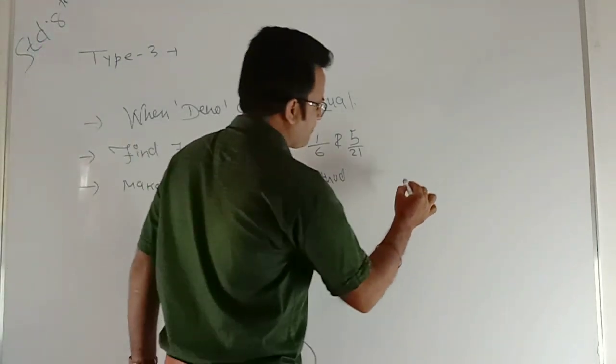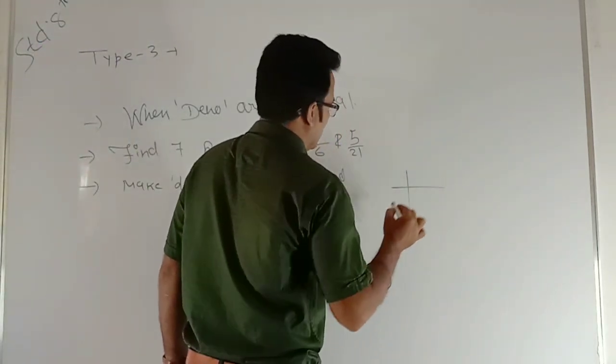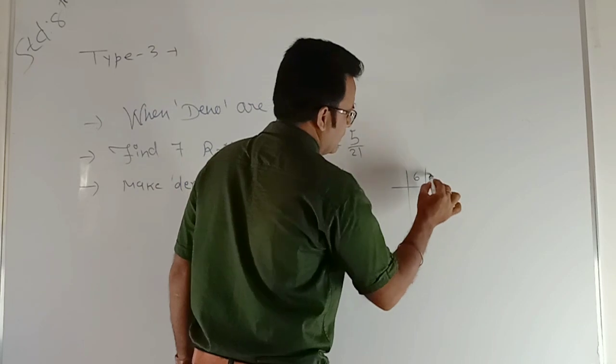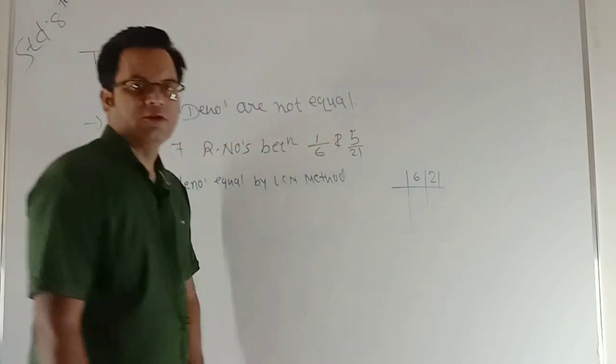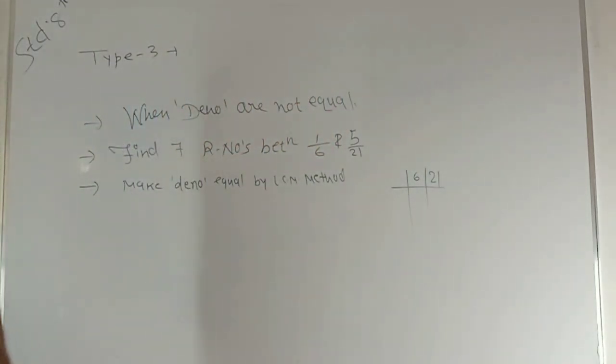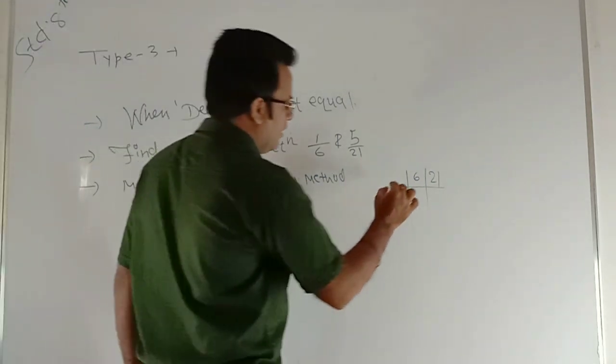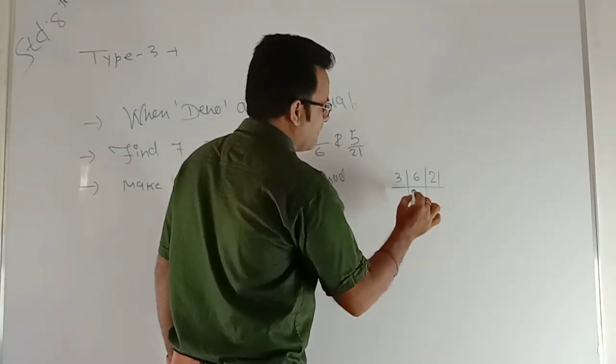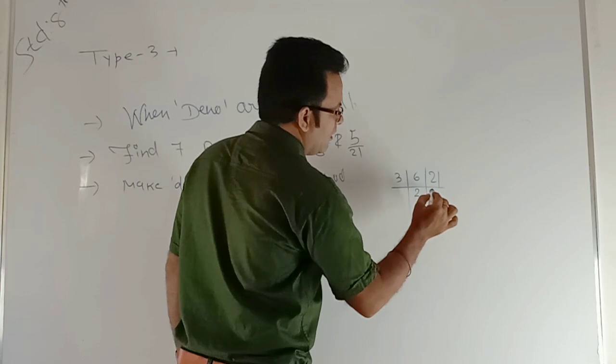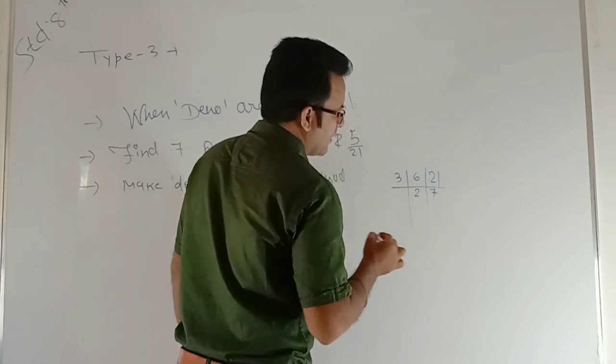So you will take LCM of 6 and 21. 6 and 21 comes in which table? Table 3. 3 2s are 6, 3 7s are 21.